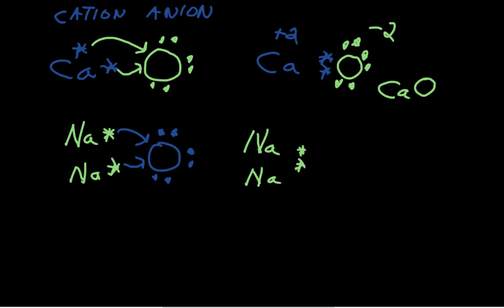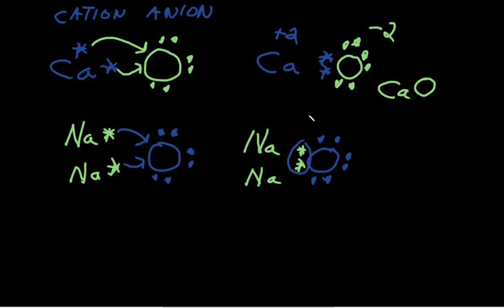Here's our oxygen, which already had 6. These 2 here, and again, an electron's an electron, were taken off the outermost energy level of the sodium. So it's the complete transfer.